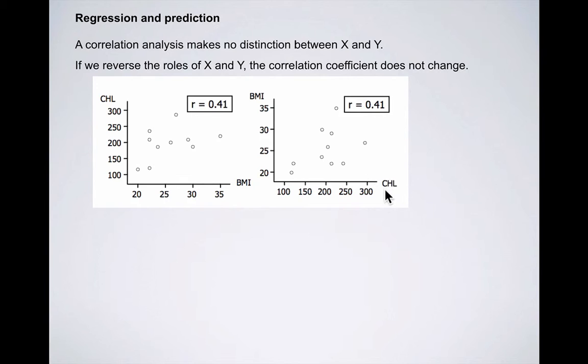So in this case, it doesn't make a prediction as to whether cholesterol affects body mass or body mass affects cholesterol. And later on, I'll talk a little bit about correlation and causation. There is correlation, but it does not imply causation. The two variables might be related, have positive correlation, but there might be other factors that are the cause of the correlation.